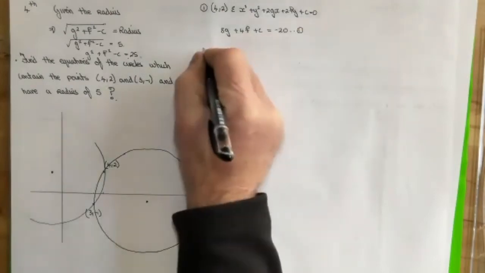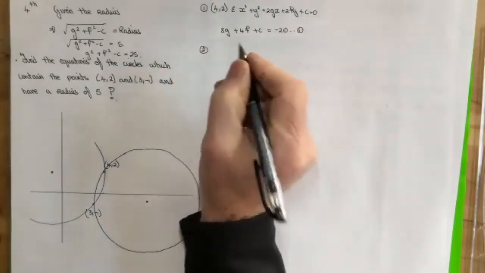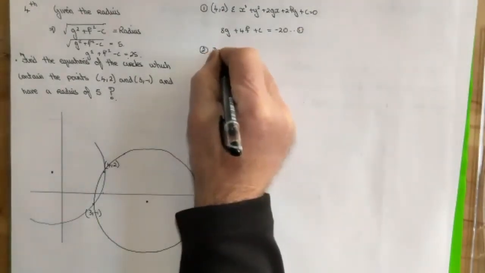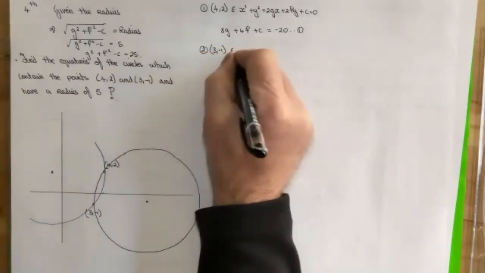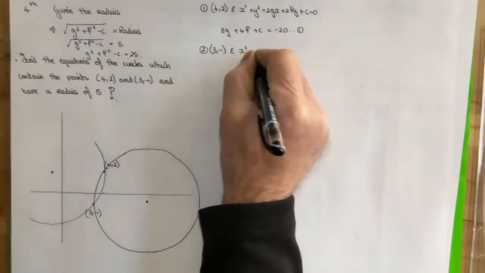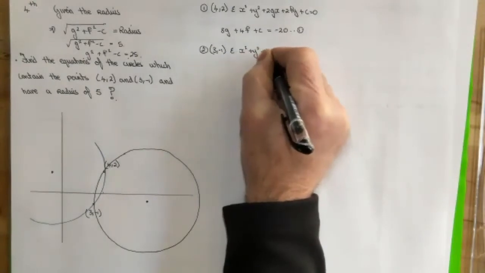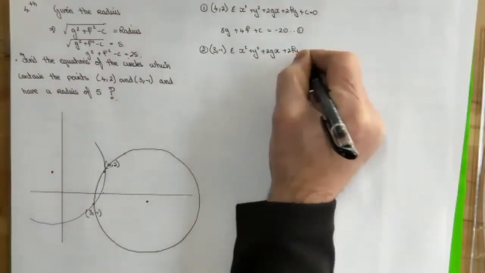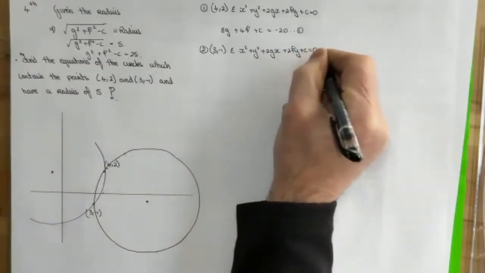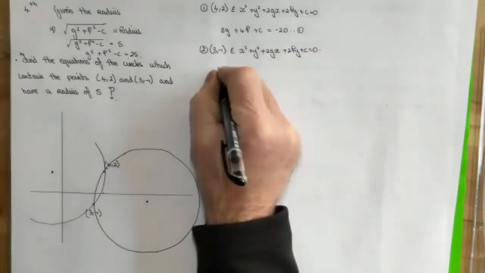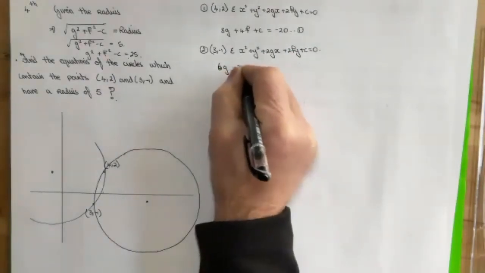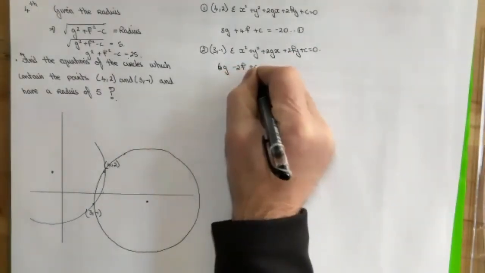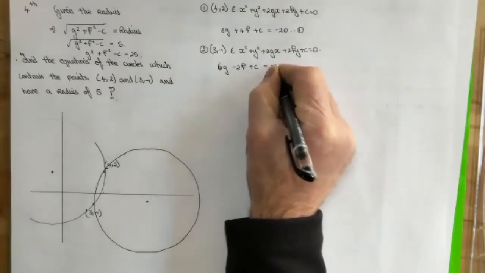Just make sure I have those right before I go on. (3, -1) is also an element of the circle, so I'll get 6g minus 2f plus c is equal to minus 10.